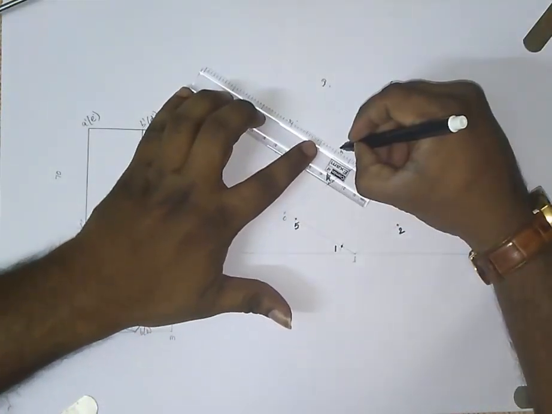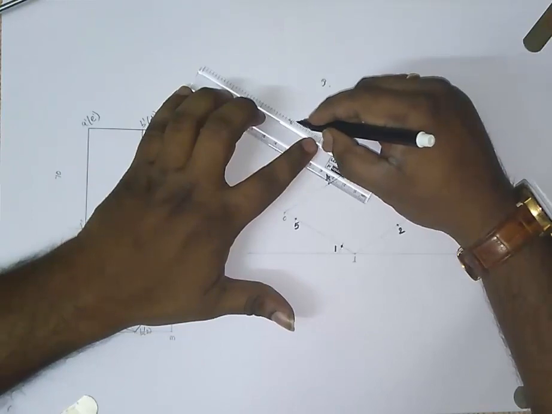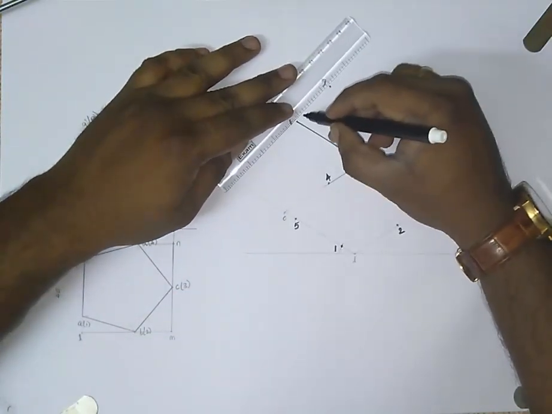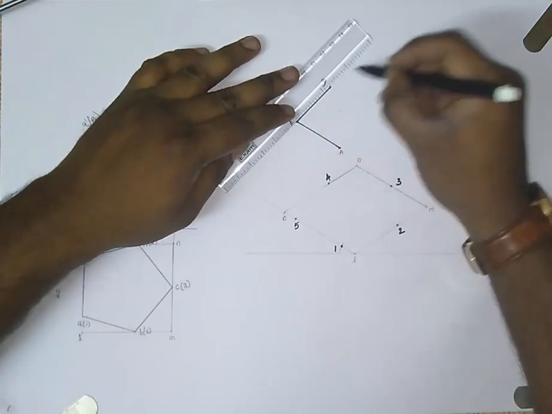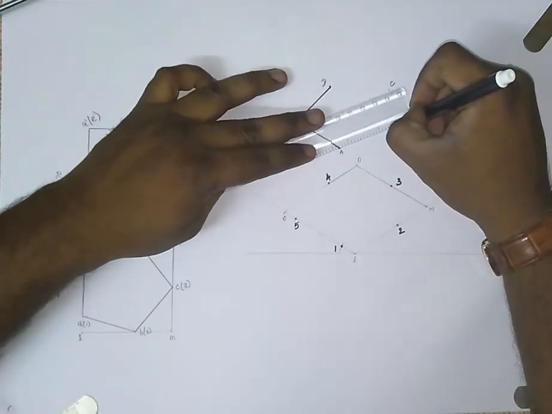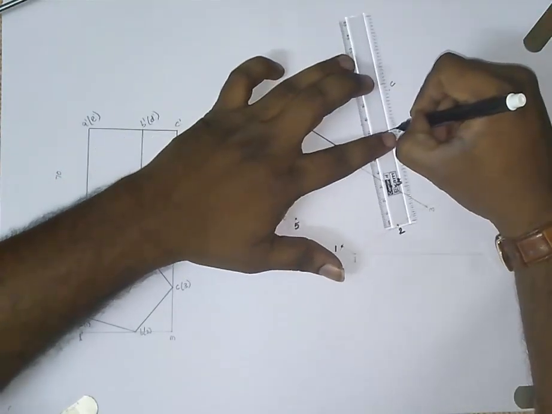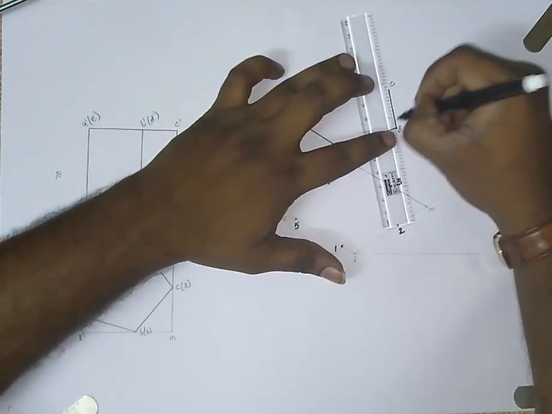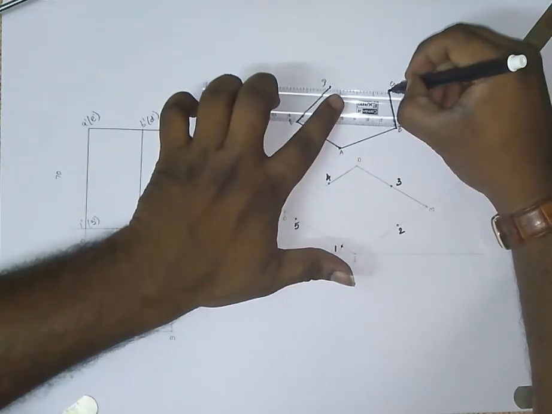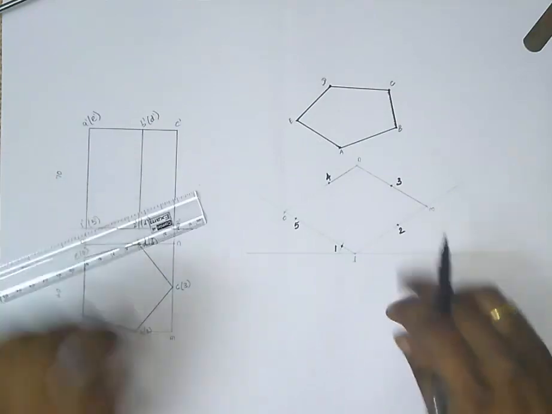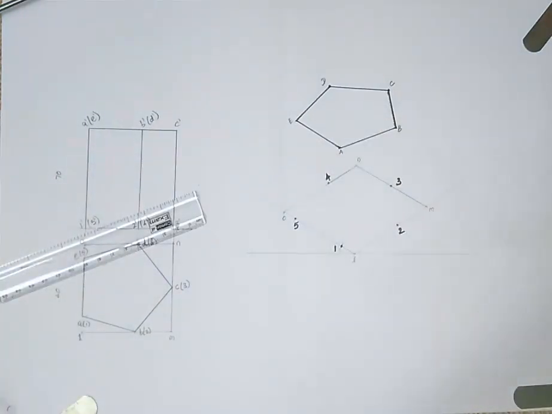So first thing, mark all the top base edges: AB, BC, and then CD, DE, EA, like this. So this is your top base.